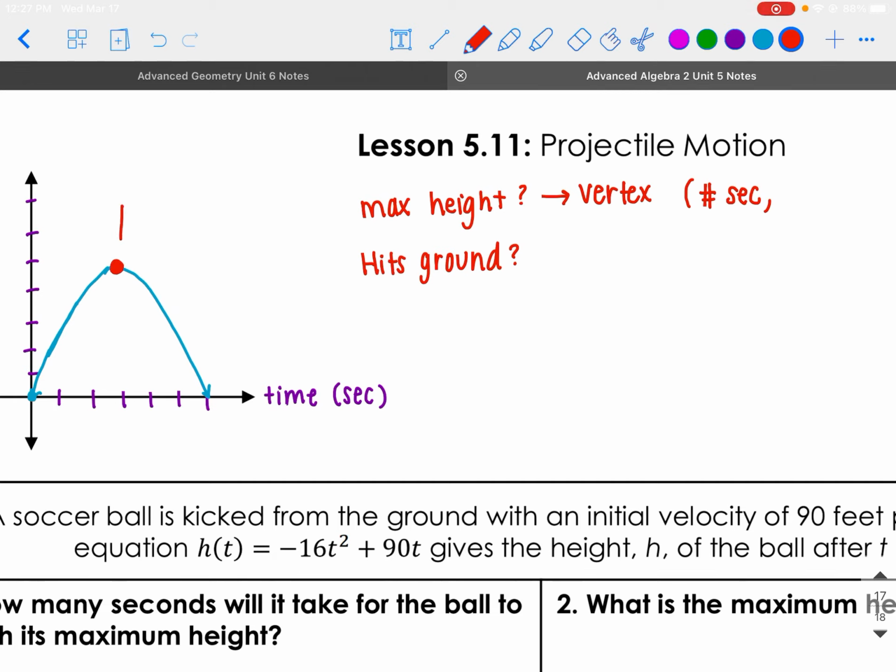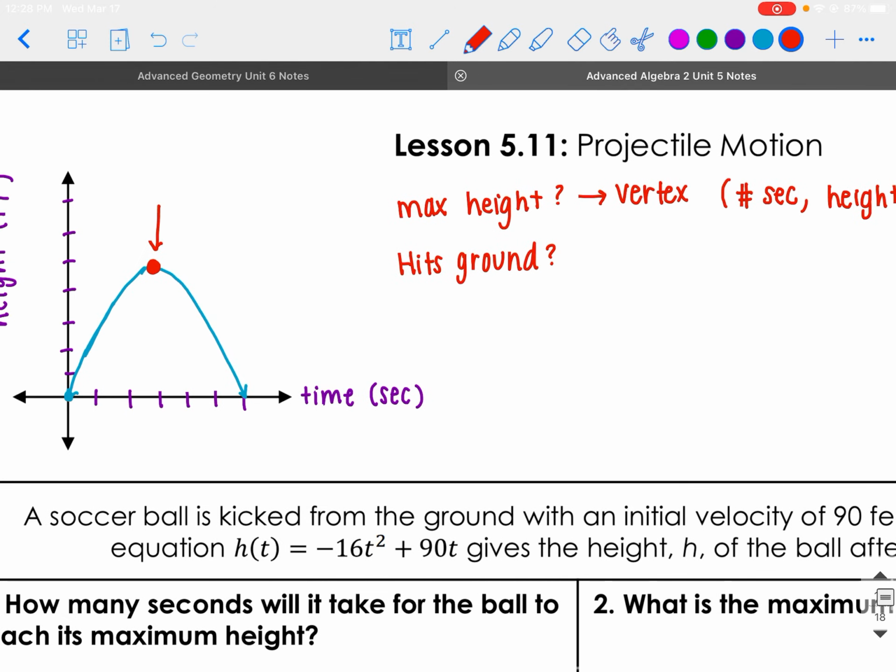So whenever the ball is way up here, at that maximum height, how long did it take to get there? That's what the x tells us. The y tells us the actual height. So if it's asking what is the highest that the ball reaches, then you need the y value of the vertex. Now it may ask when it hits the ground, and that would be one of the x-intercepts.